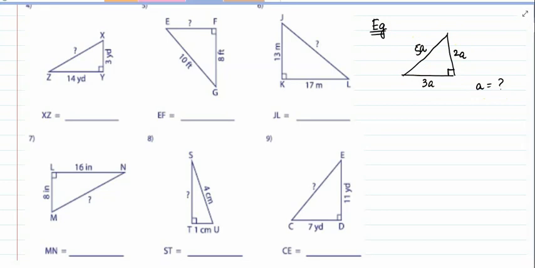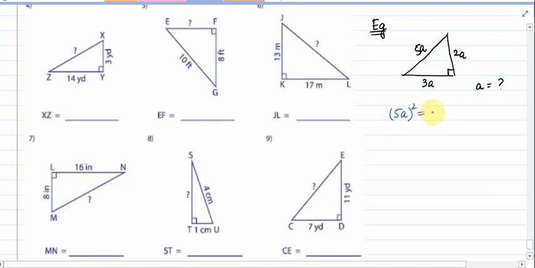The same method, Pythagoras. It will be 5a square is equal to 2a square plus 3a square. So 5a square, 25a square, 2a square, 4a square, 3a square, 9a square, right?